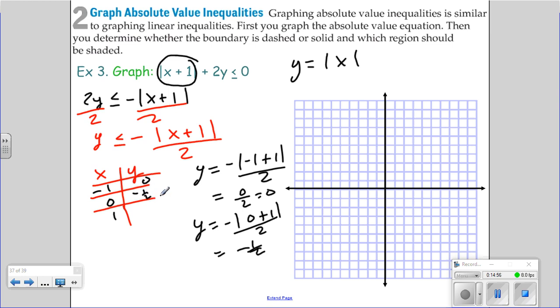I'm going fast through these calculations because a calculator can answer these questions, so use your calculator. And if I want to use 1, that's negative absolute value of 1 plus 1 over 2. 1 plus 1 is 2. So that's a negative 2 over 2, which is a negative 1.